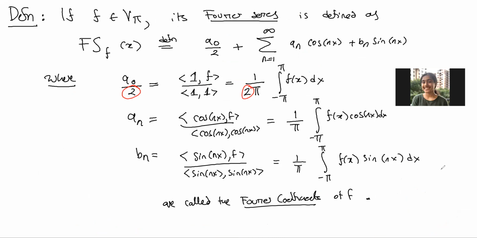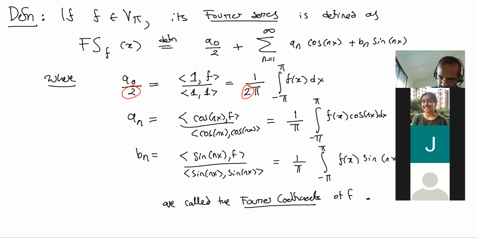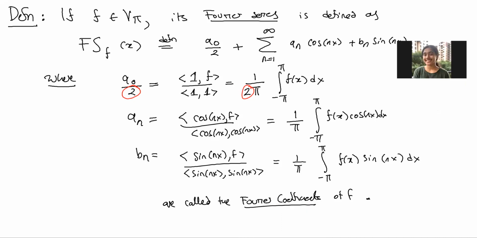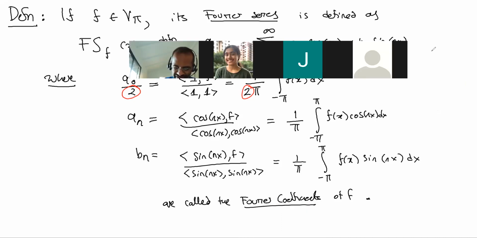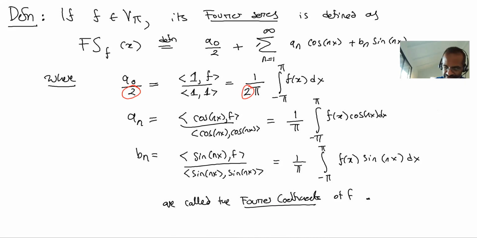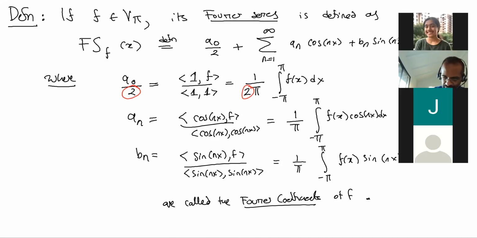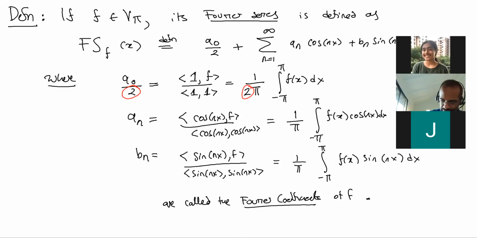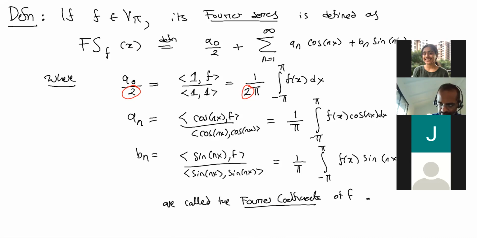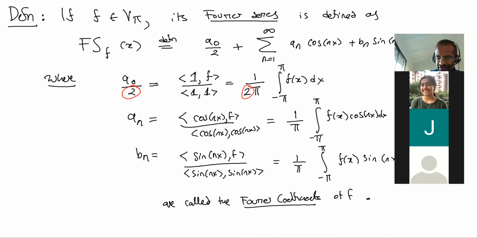Professor, why did we decide to go from negative pi to pi? Because sine and cosine are really easy to evaluate at those numbers. So this whole thing would have worked even if we chose, say, negative pi over 2? It would work for any negative L and L, and I'll make a remark about that in the next lecture.